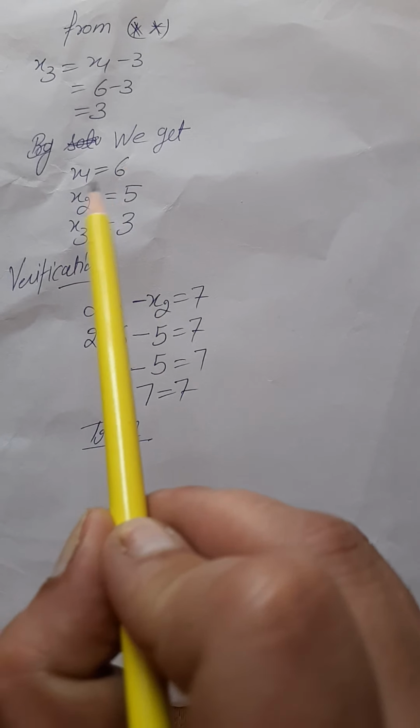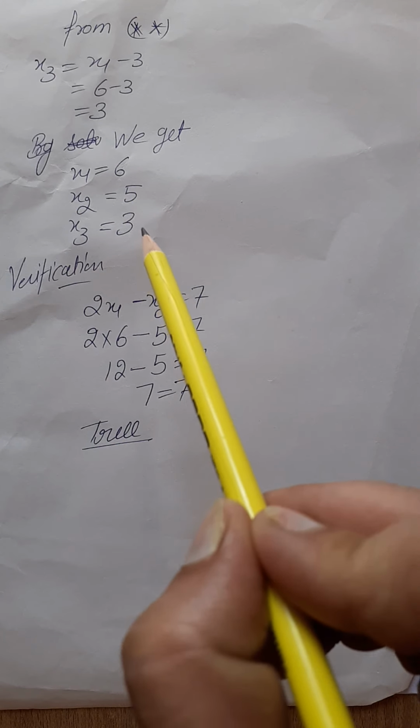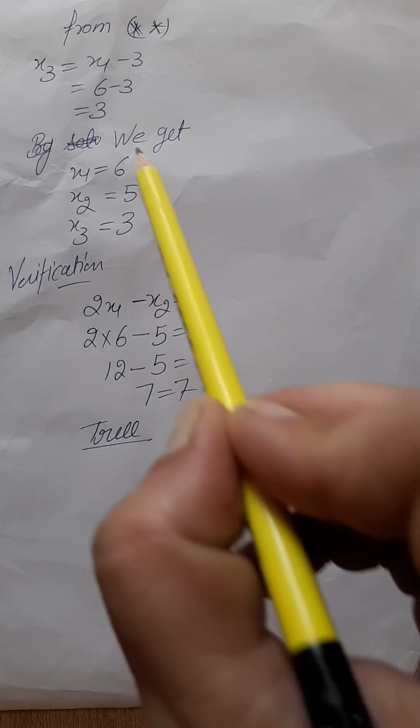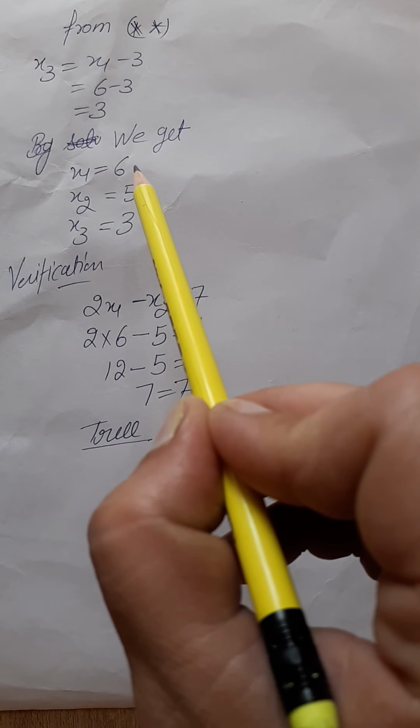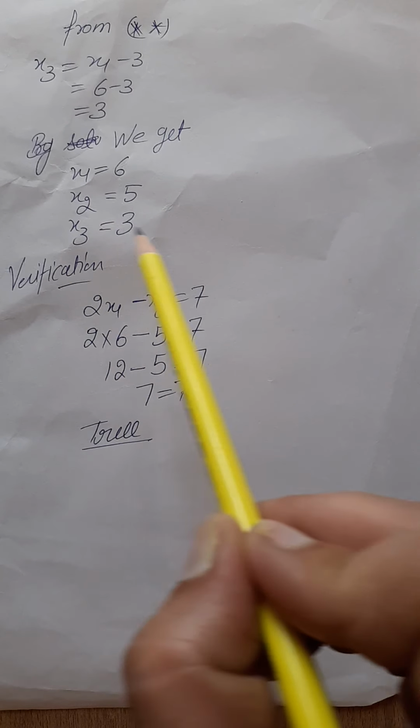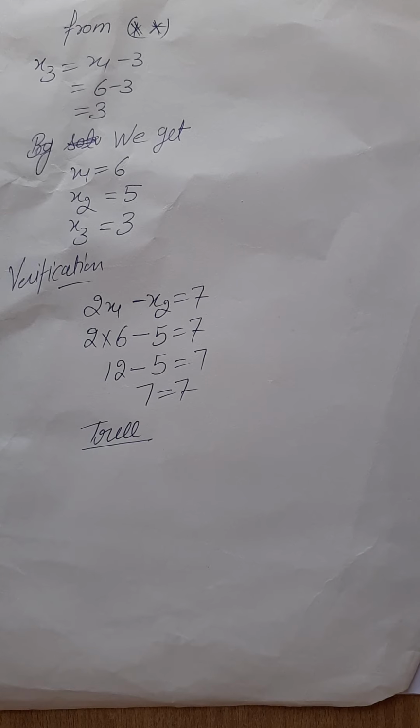So in this way, we can solve these three equations and we get x1 equal to 6, x2 equal to 5, x3 equal to 3. You can verify your answer by putting these values in any of the equations. So we can see here we get the exact solution. But in the Gauss-Seidel method, you get near about the answer.